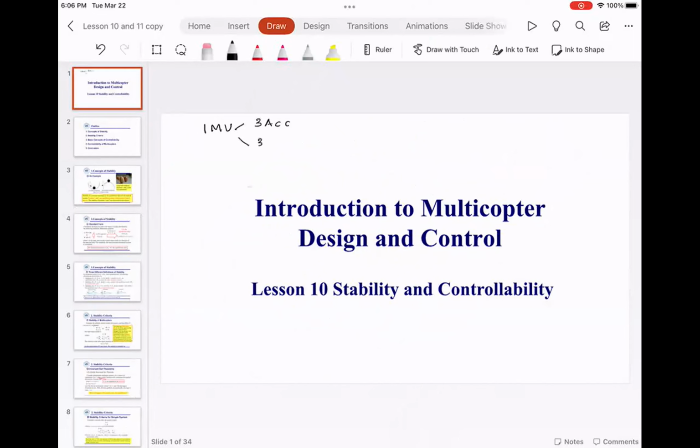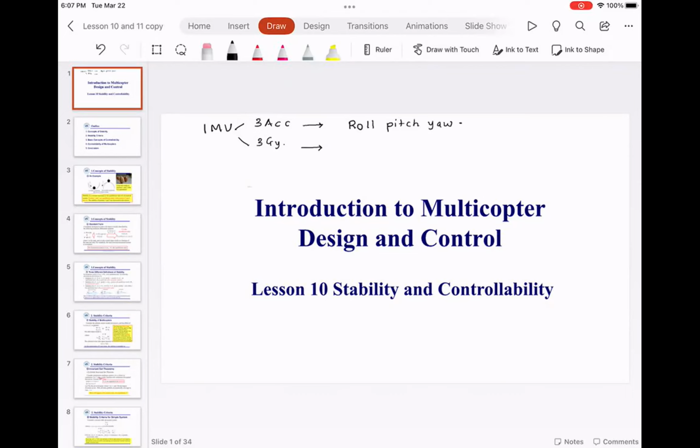And from these, somehow we want to find out the roll, pitch, and yaw. And we need to stabilize the quadcopter using some type of control algorithm.